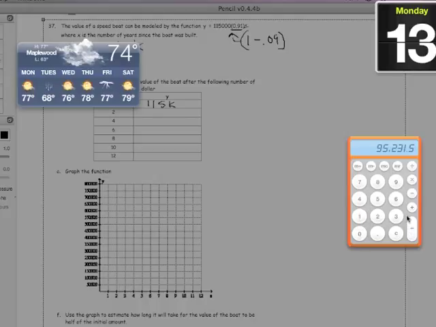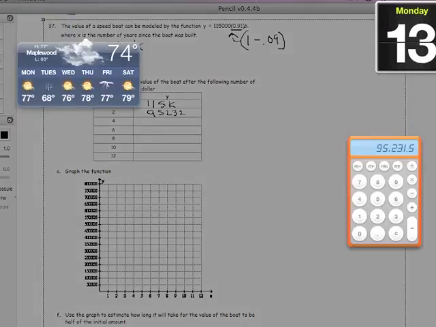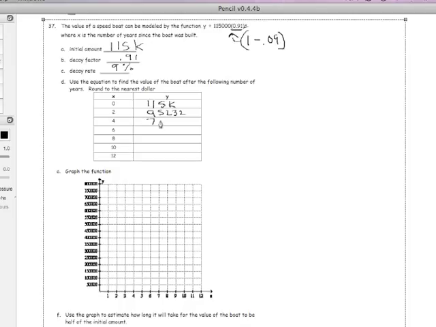So that's 95,232. And after 4 years, so that's 2 more periods, so times 91% times 91%, still going down, 78,861. I'm not going to keep doing that.